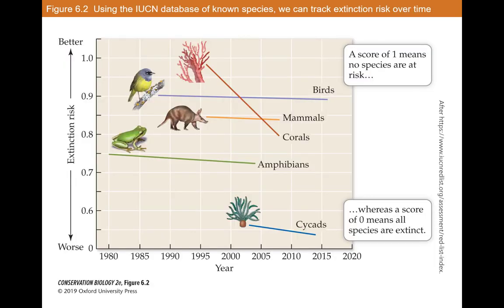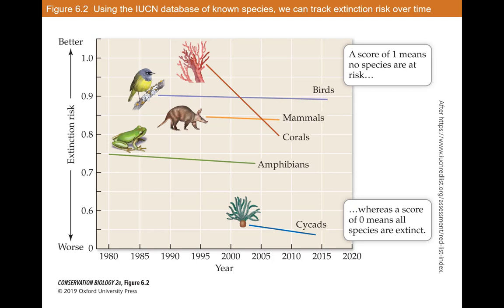So we can also envision extinction risk based on the IUCN database of species. We can look at that over time as well, and so these different groups shown here are ones in which all species have been assessed at least twice by the IUCN. From these data, what we see is that the status of each of these major groups is declining, but some are faster than others.